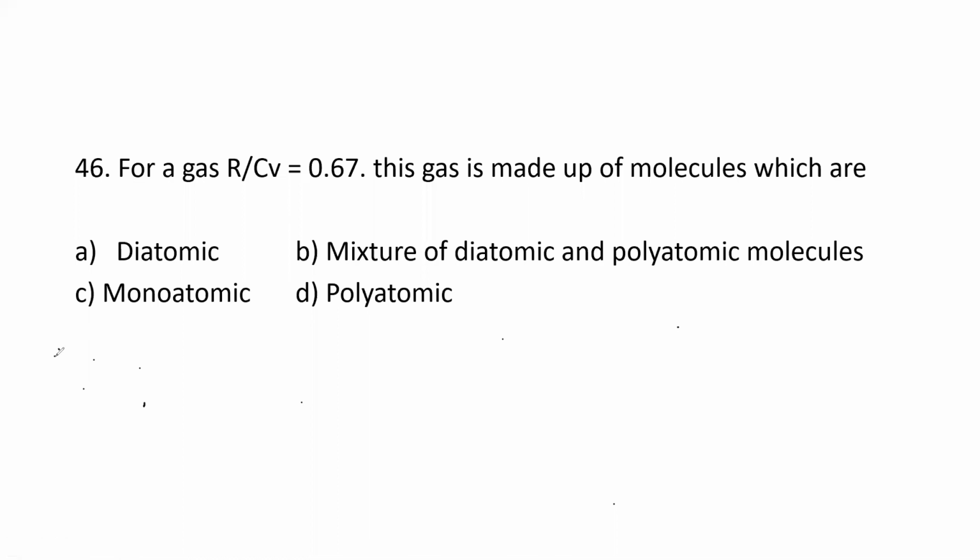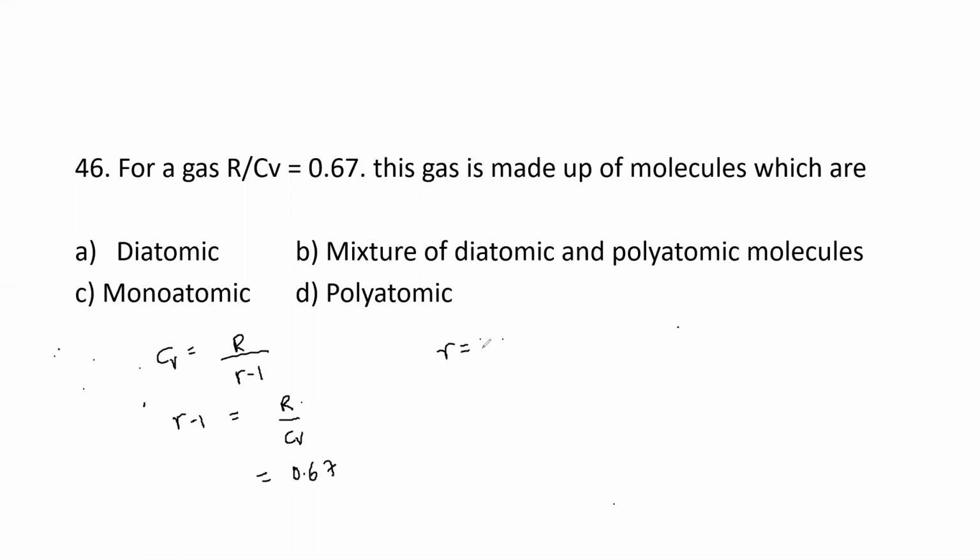How can we do this? By comparing with the relation CV is equal to R divided by gamma minus 1. Simplify this for gamma minus 1, and it becomes R divided by CV. R by CV is given, it is 0.67.